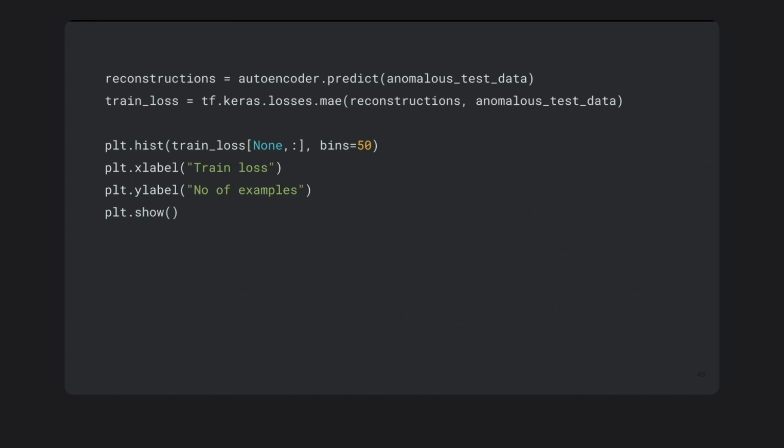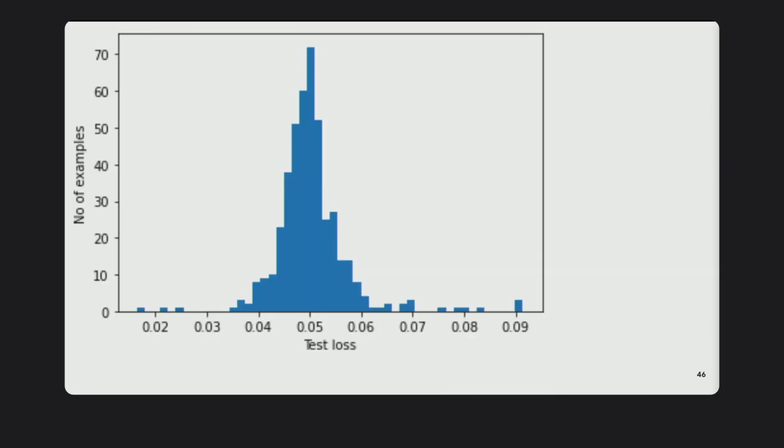I can measure the mean average error between the reconstructions and the anomalous test data, and then I can plot that out. When I plot that out, I'm going to get something that looks like this. Now we can see here that the highest peak is at about 0.05. But if we remember the threshold I measured earlier of 0.034, that's right about here.